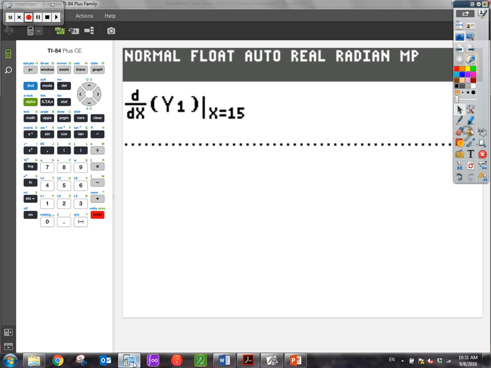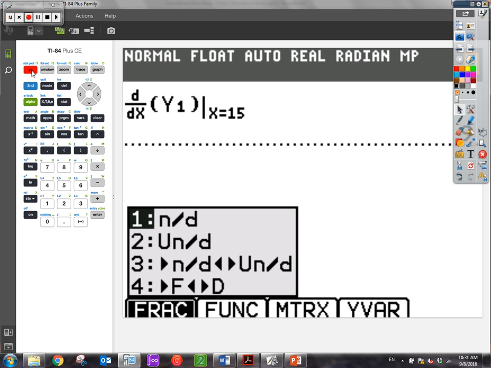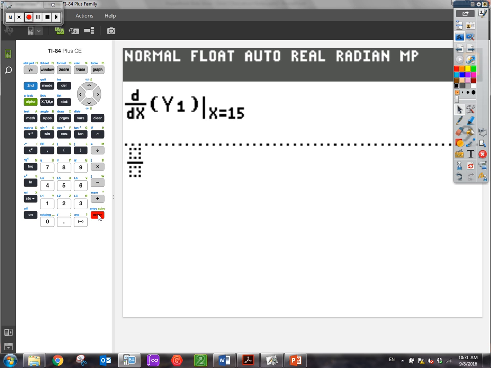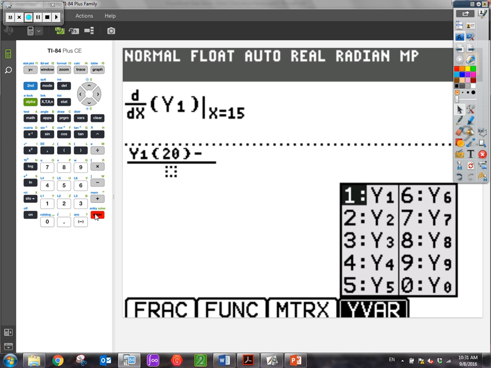We want a fraction, so alpha y equals, enter. There's my fraction. And now I'm going to do my calculation. This is an average rate of change, right? I need y1. I need to pull that function down. So y1 is alpha f4, y1 of, open your parenthesis, put in the number, which is a 20, close your parenthesis, minus, we want y1, pull the y1 down again, so alpha f4, enter.